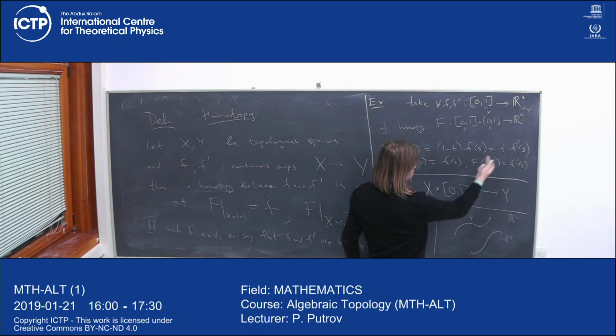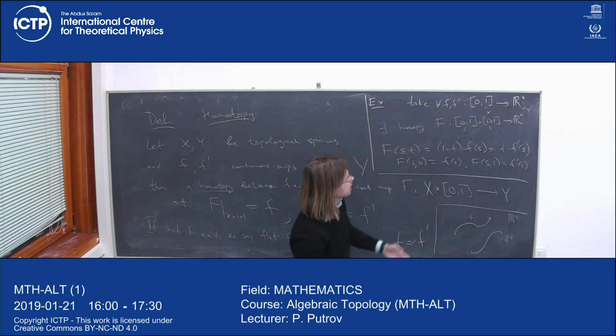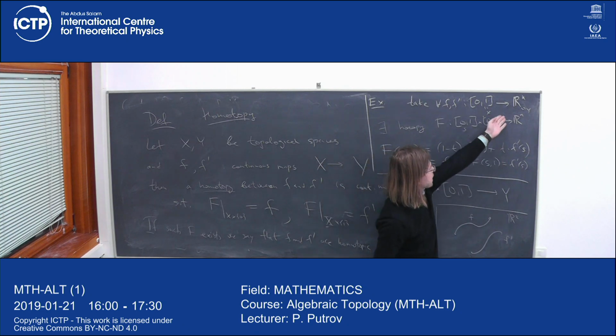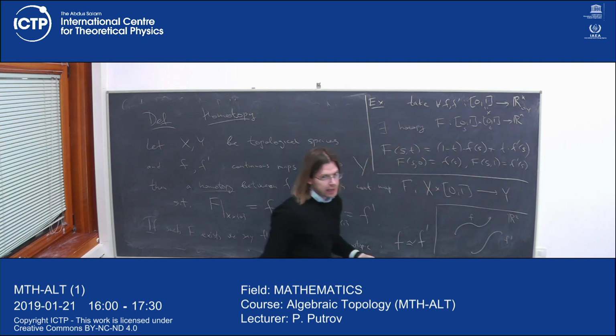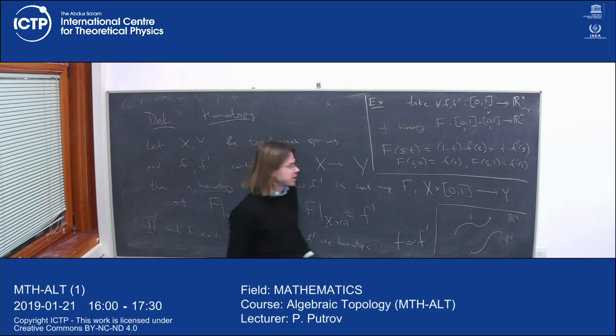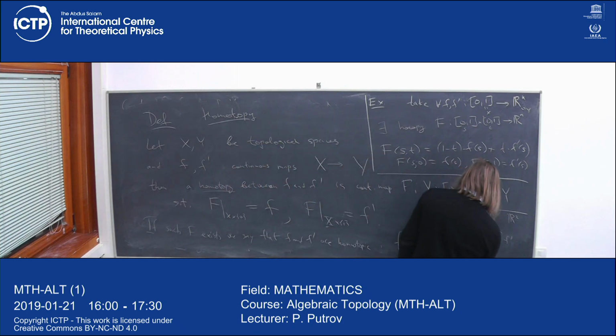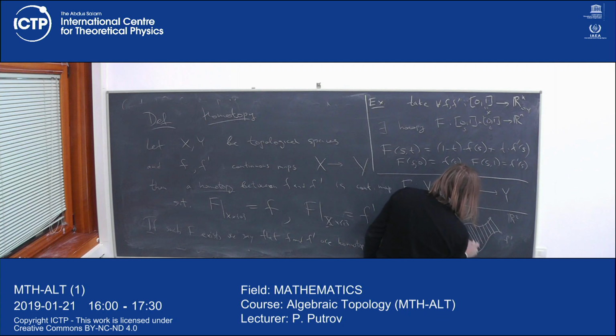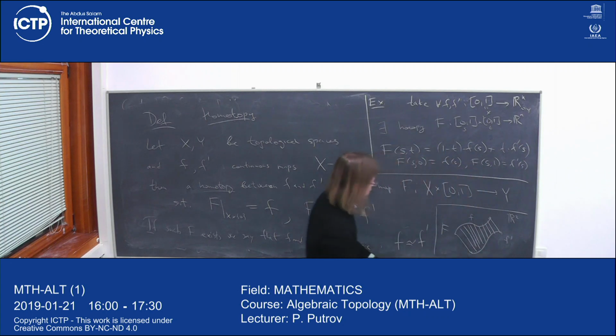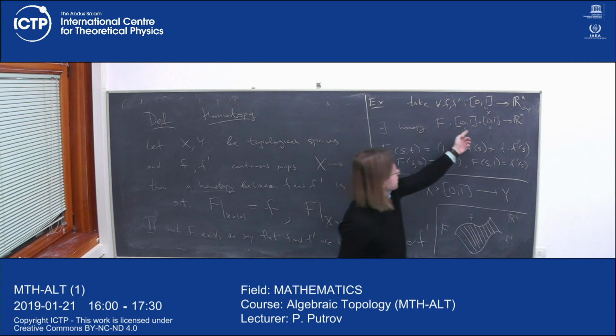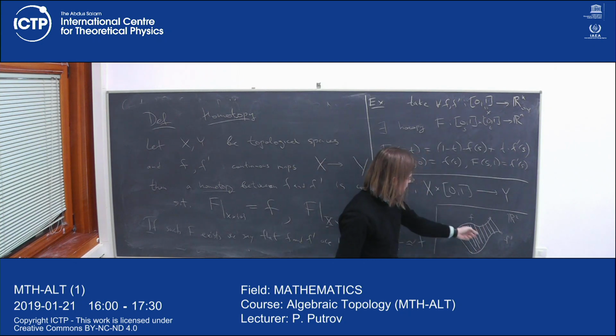Here I understand f and f prime as valued in R^n, which is an affine space where we can add elements as vectors. So I can understand this homotopy F as a map from the square to R^2.